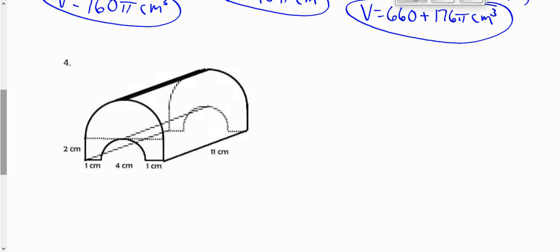Well, let's name it. A half cylinder, and then what? What's the thing on the bottom? It's sitting on it. Rectangular prism, and then we'll have to subtract what? A smaller half cylinder. Yeah, there you go.